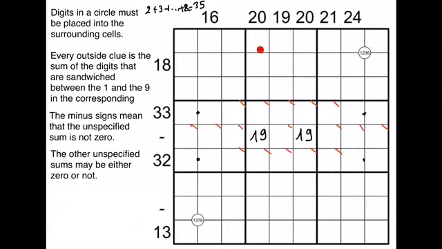Now, let's have a look at those columns, because we now know where one of the extremities of the sandwich, one of the ends of the sandwich, the crust, yes, lies. And we need a sum of 20.